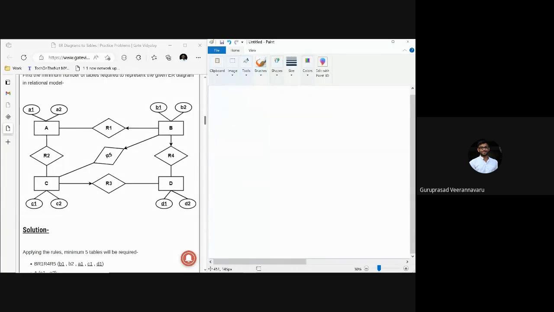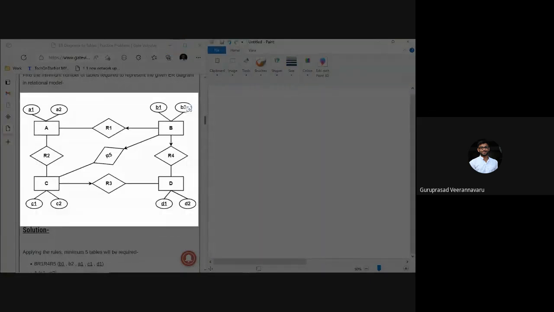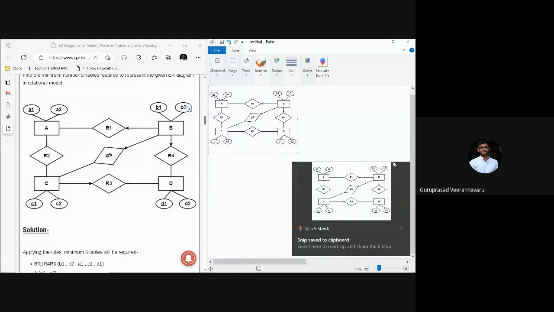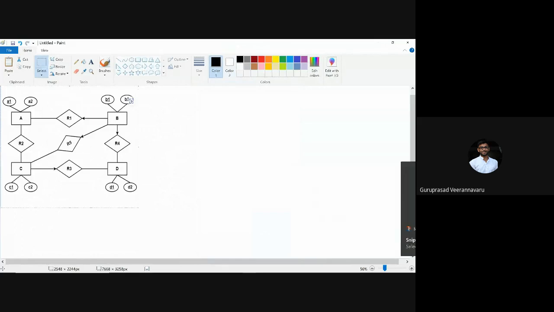So if you see, let's take this photo. Try to see how our answer is. So if you see B is dependent on A because many to one mapping is for B to A, and then B also has a many to one mapping on C, and B also has a many to one mapping on D. So how will B be?